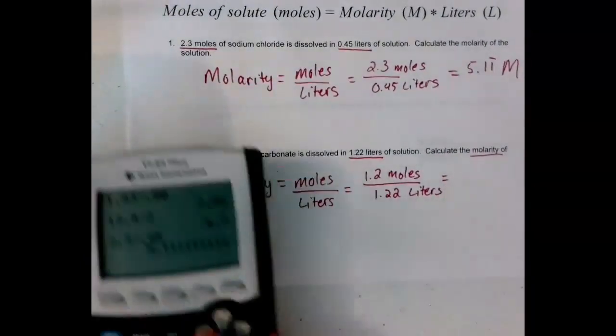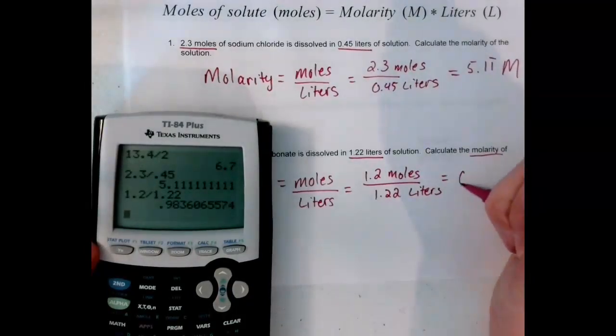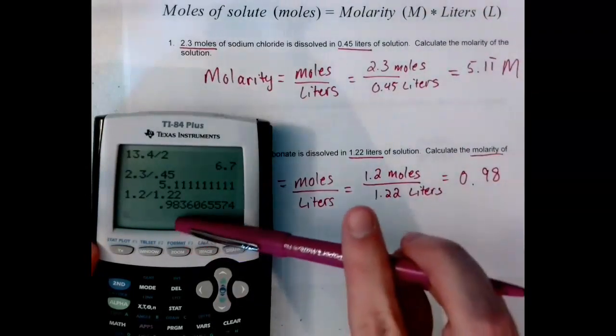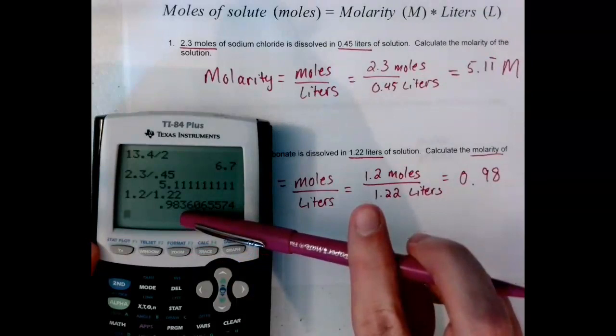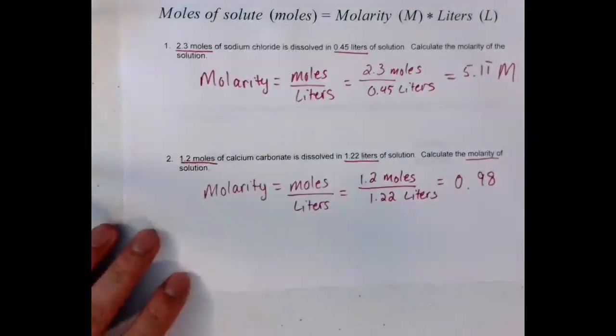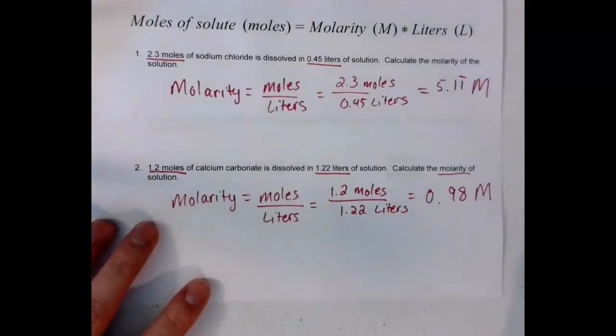Okay, now I'm going to take out my calculator, and I'm going to do 1.2 divided by 1.22 equals 0.98. Okay, so this 3 here doesn't do anything to this 8. It just makes it stay the same. So 0.98, and since this is molarity, I'm going to use a capital M like so. Okay, so now let's go on to the next sheet.